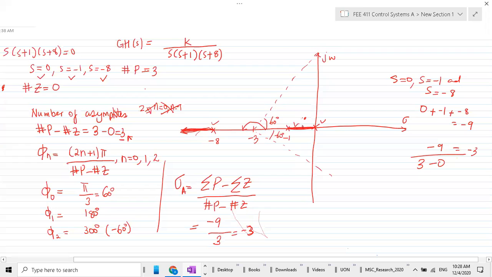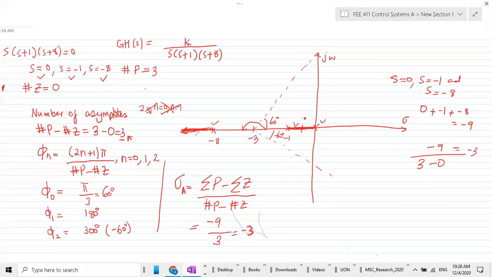So we need to get this intercept. And that is rule number 7. Rule number 7 says the breakaway point, or the breaking point between these two poles along the real axis, is the point at which the variable k is at a maximum.